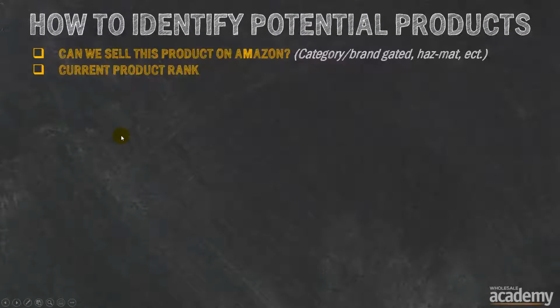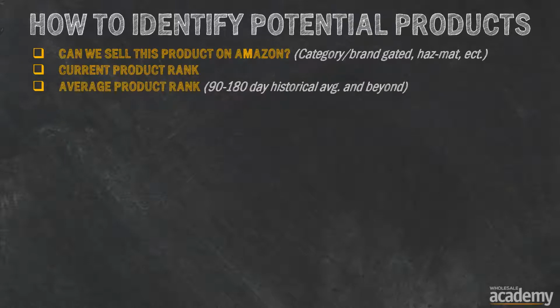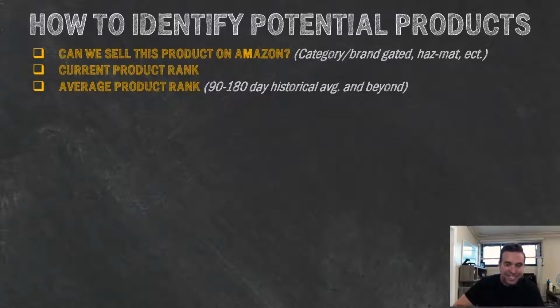Even more important than the current product rank, this is much more important than the current product rank, is the average product rank. Even though you might be looking at a product that today is ranked number 1,000, if the average over the course of the last year the product is ranked 60,000, 70,000, 100,000, and it just so happens that maybe someone bought 4 pieces of the item yesterday and all of a sudden the rank spiked.